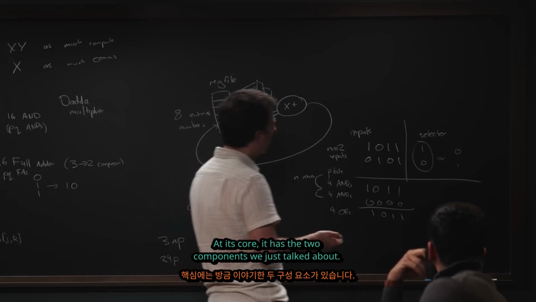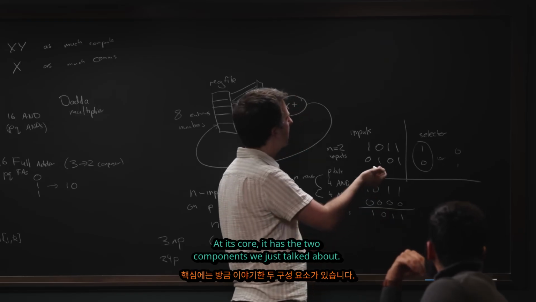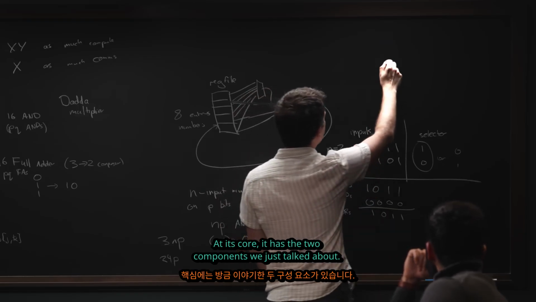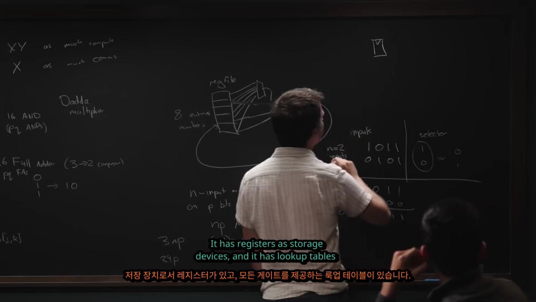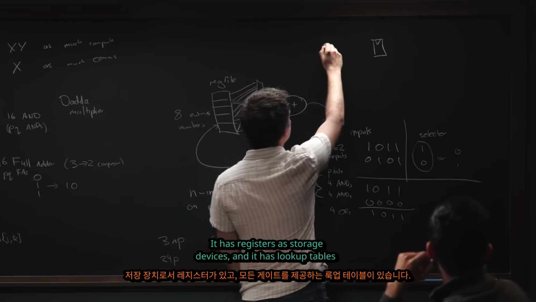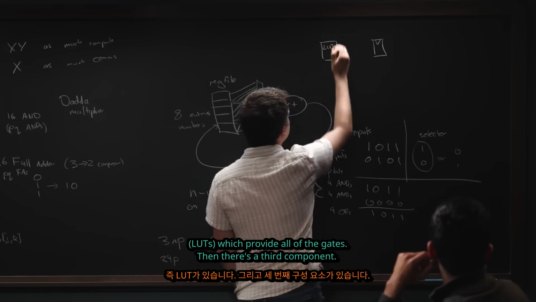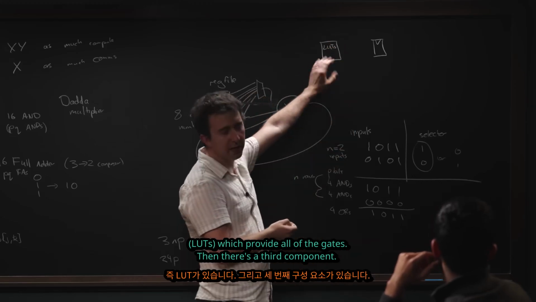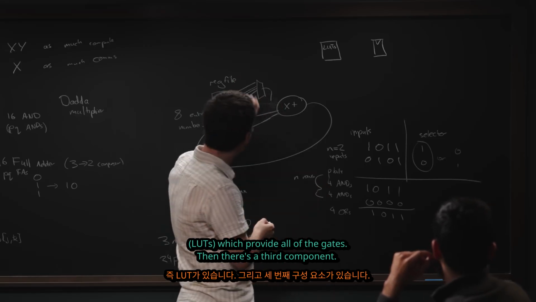So what it has at the base is the two components we just talked about. It's got registers as storage devices, and then it's got LUTs, lookup tables, which actually provide all of the gates. Then we're going to see the third component.